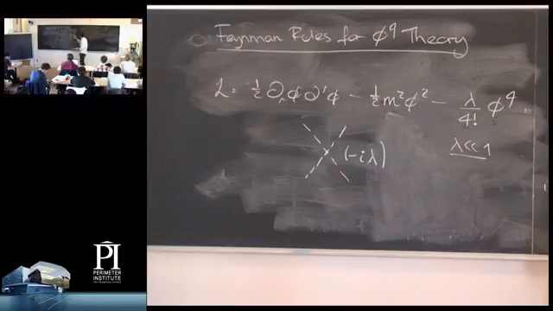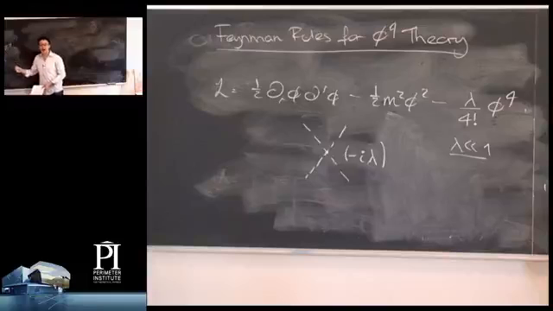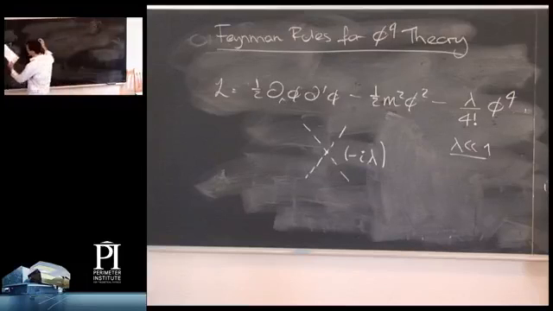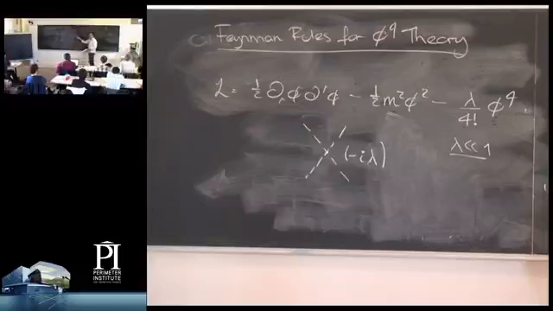Okay, so remember what's going on here. This is the interaction part of the Hamiltonian. That means that when we're doing Dyson's formula, we're sandwiching products of this interaction Hamiltonian between initial and final states and time ordering them.